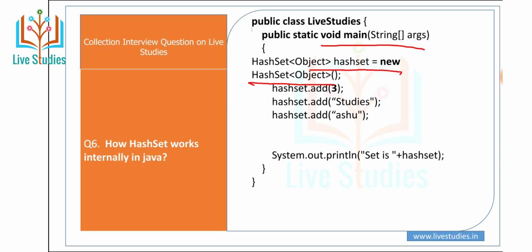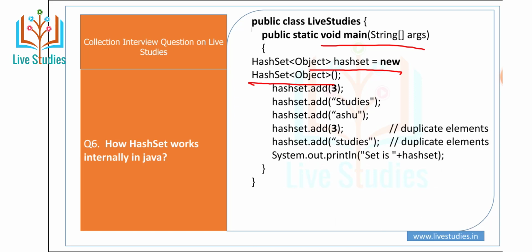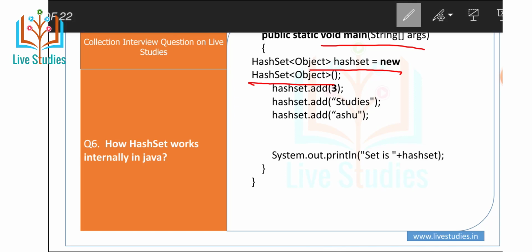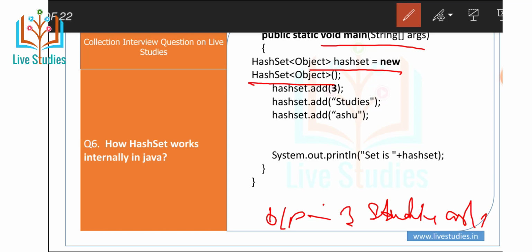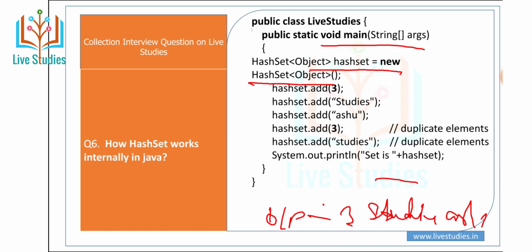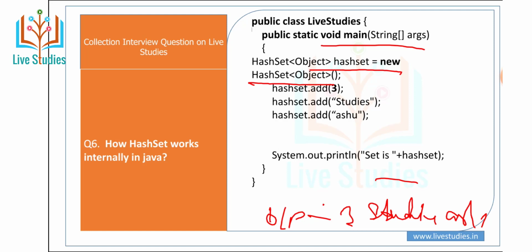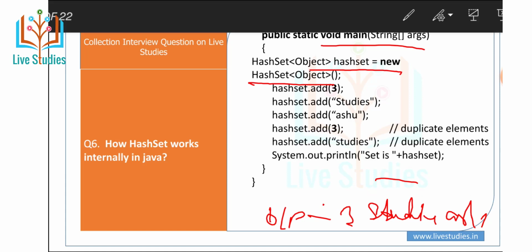The output will be the set of those three, student and Ashu. But you can also add duplicate values, like three duplicate elements, and the output will be the same. No change, it will be the same.